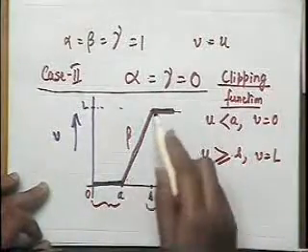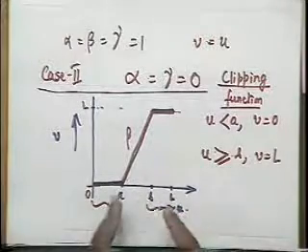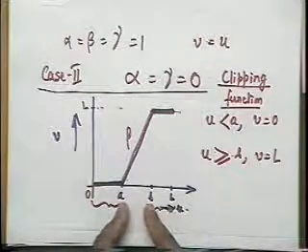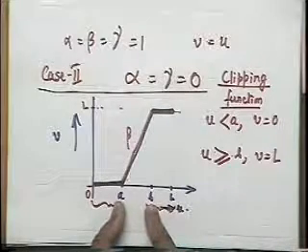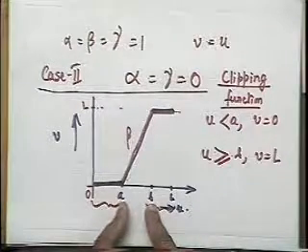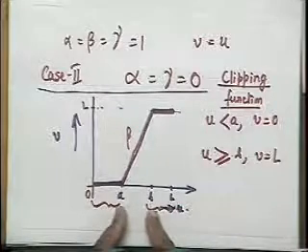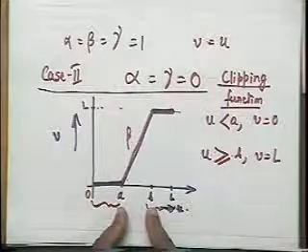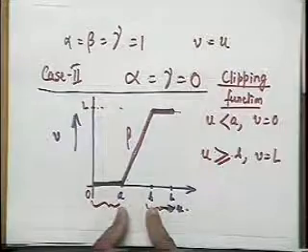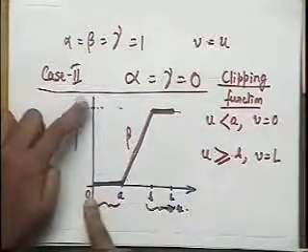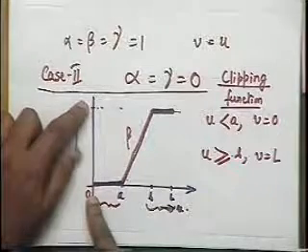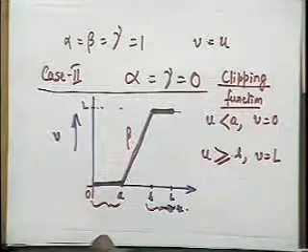So in this case what we are doing is a linear contrast stretching. In the zone of A to B we have a linear contrast stretch such that the intensities in the range A to B in the original image get translated to intensities in the range of 0 to L in the output or the processed image.